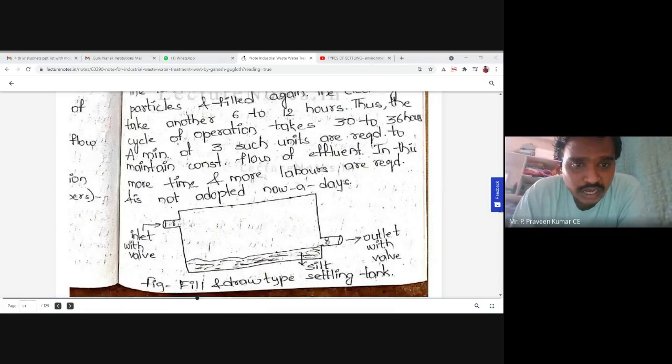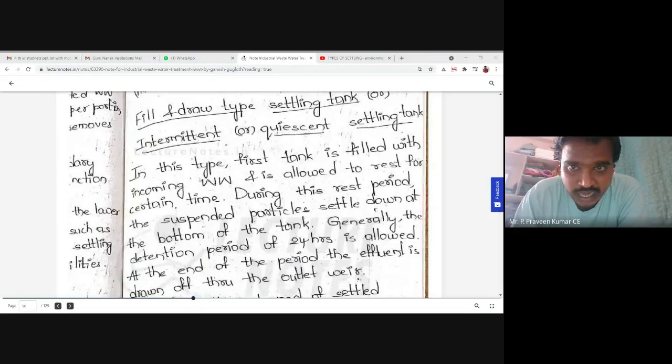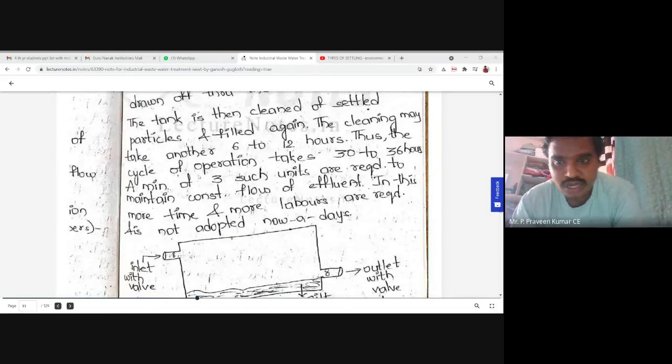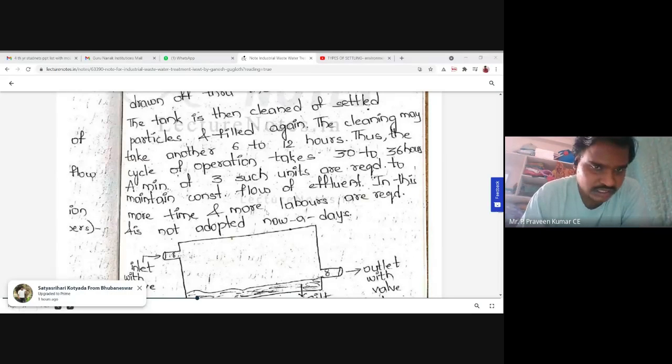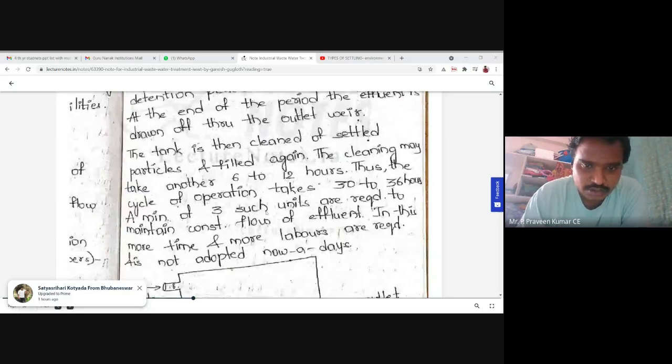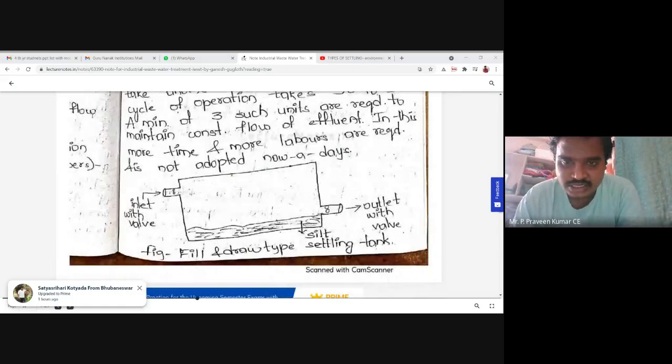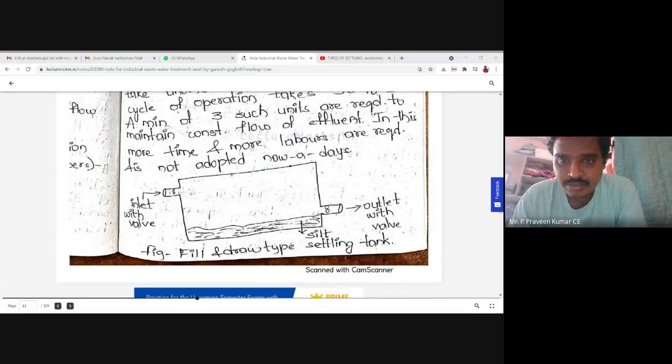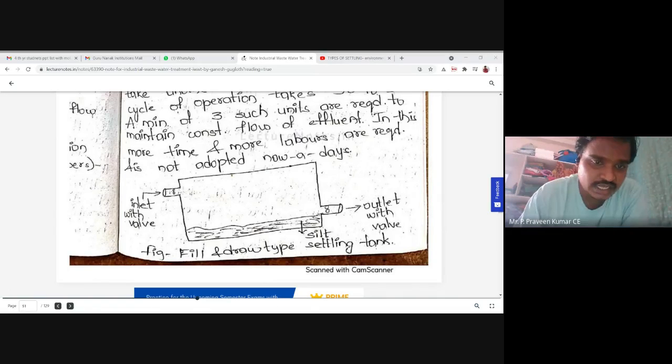In this type of settling tank, more time and more labor are required. So nowadays we are not following this type of settling tank; we are using some advanced methods, where within limited time we can remove the sludge, clean very easily, and use the tanks again for further processes.